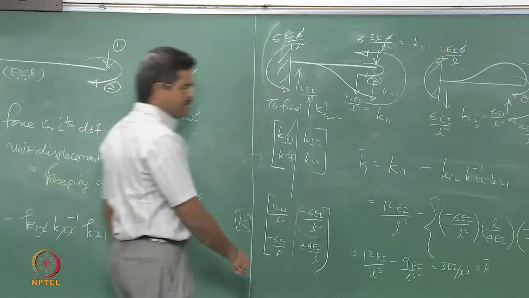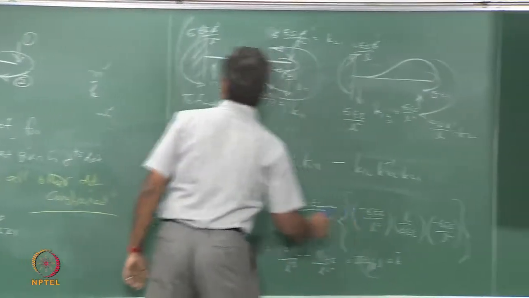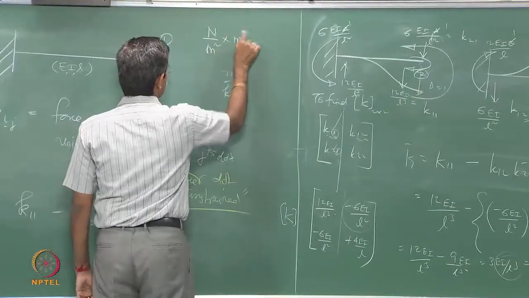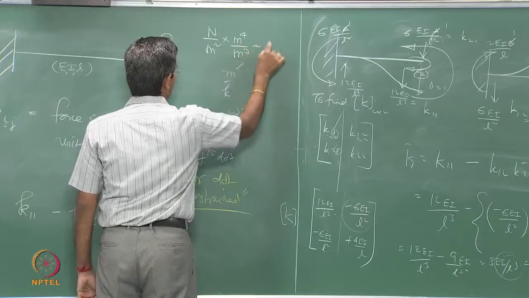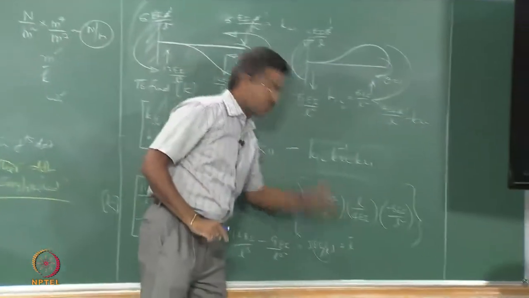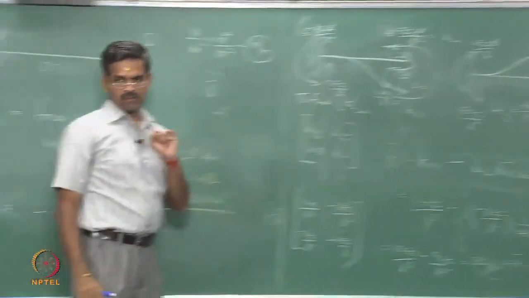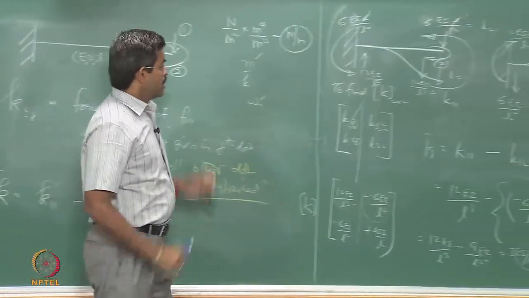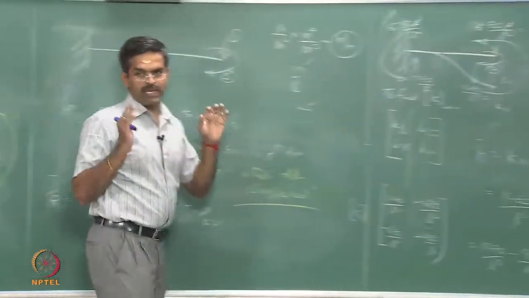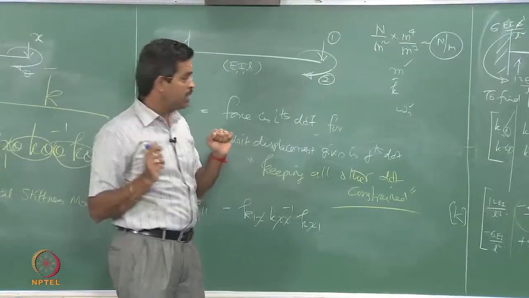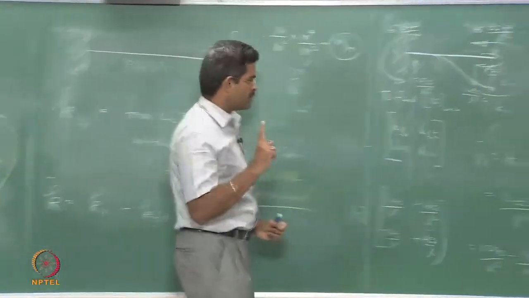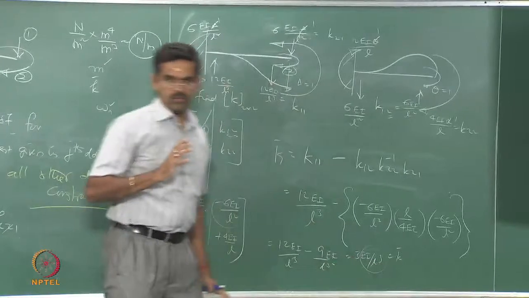You can also check the units: EI by L cube is Newton per square meter times meter 4 divided by meter cube, which is Newton per meter, the same as the units of K bar. Number 2, for a problem of 2 degrees, K should actually be a matrix of 2 by 2, whereas you are converting the whole matrix into a single value, which is nothing but 3 EI by L cube.